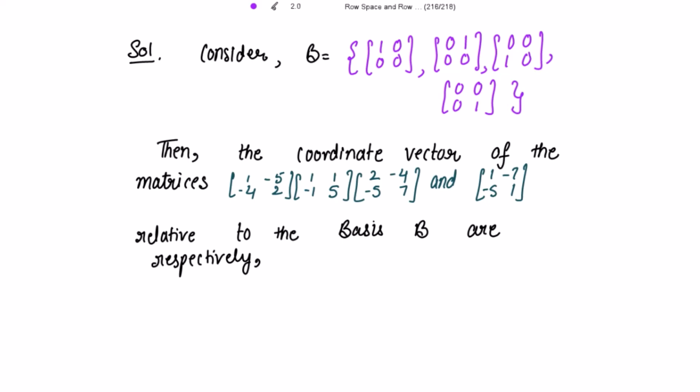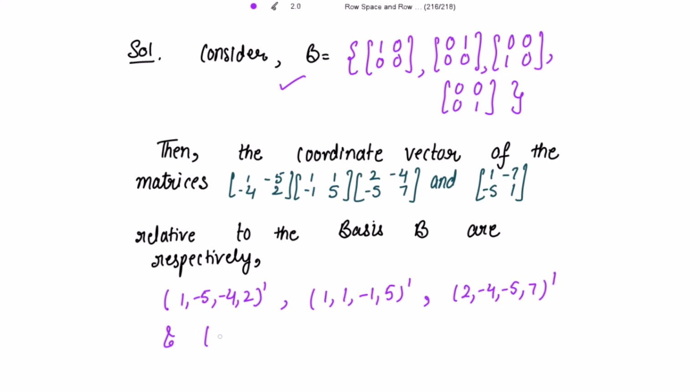Then the coordinate vectors of the given matrices relative to the basis B are, respectively, writing according to the remark, (1, -5, -4, 2) transpose, then (1, 1, -1, 5) transpose, (2, -4, -5, 7) transpose, and (1, -7, -5, 1) transpose.